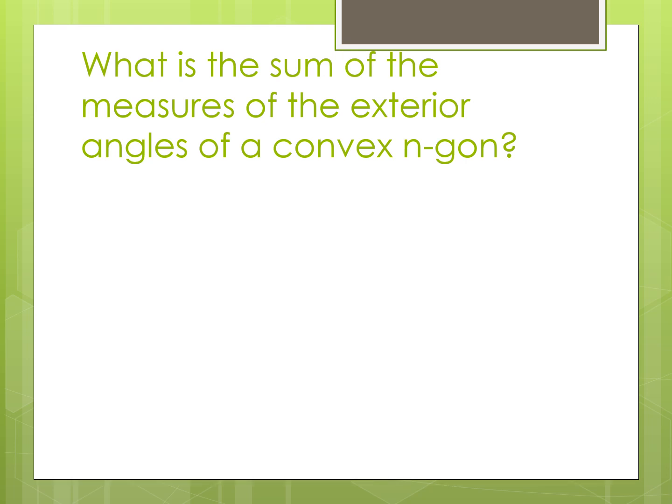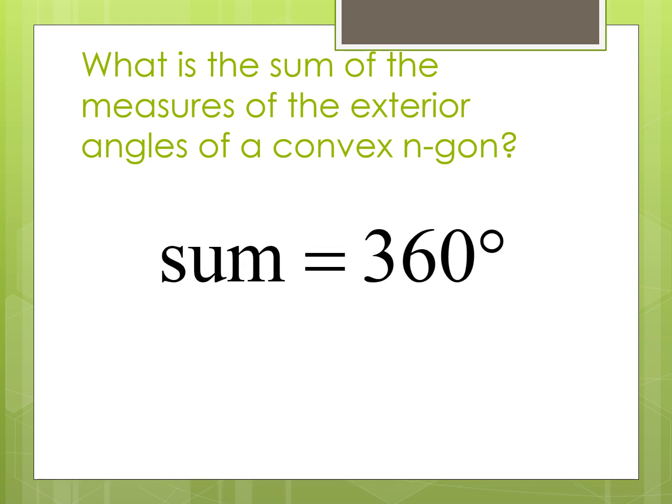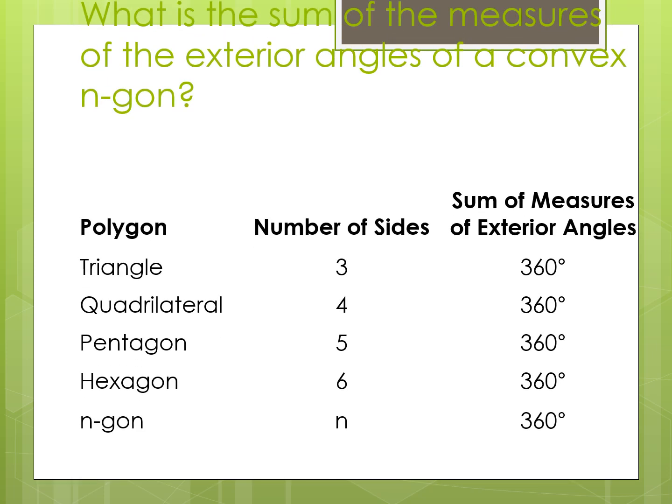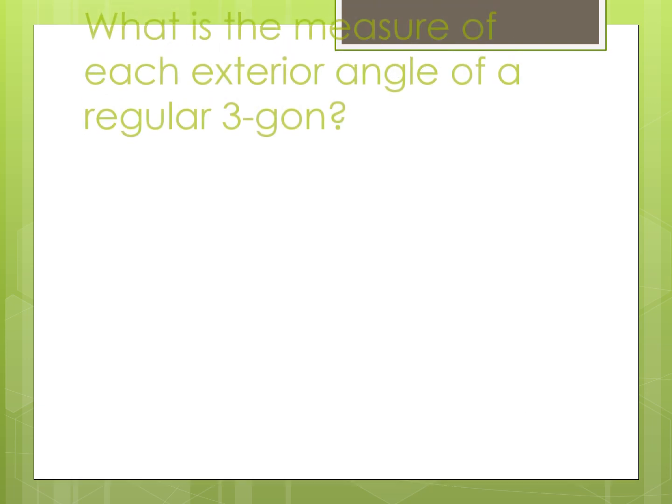So the sum of the measures of the n-gon is 360 degrees. Yes, it is always 360 degrees no matter what n value we have. So for all polygons, the sum of the measures of the exterior angles is 360.